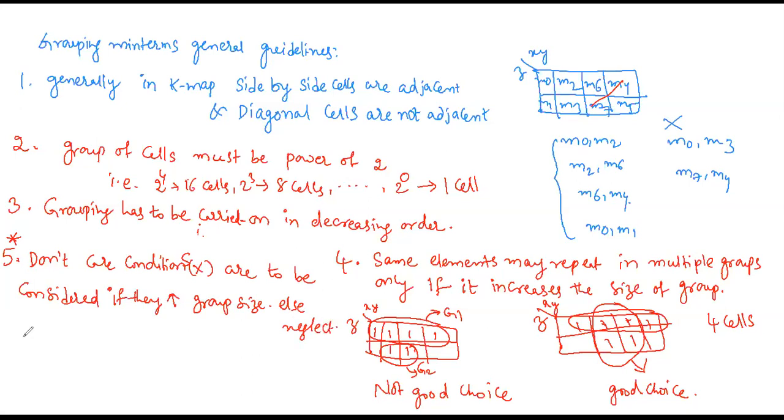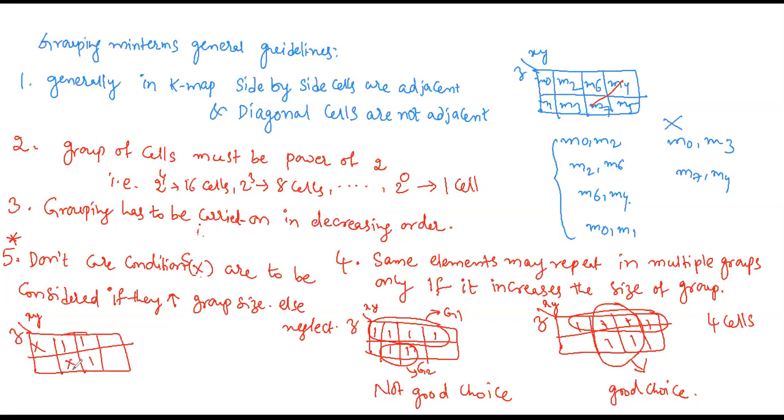Okay, we will look at this one later. Increase groups, don't care condition. Don't care condition will be indicated with X. Here we have three minterms.